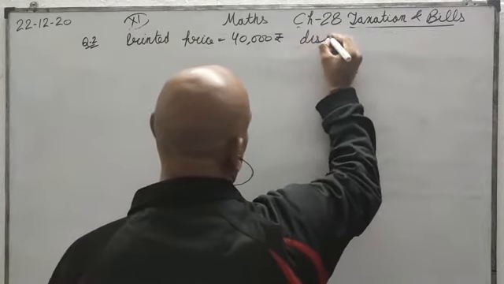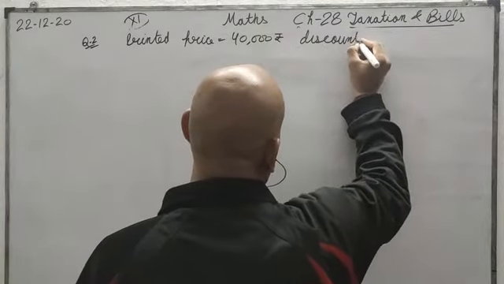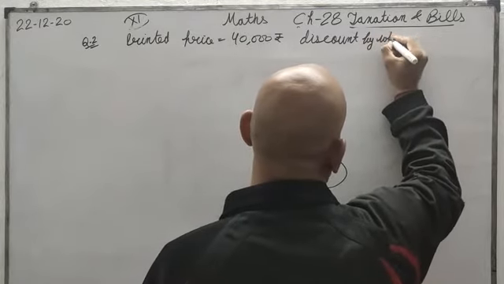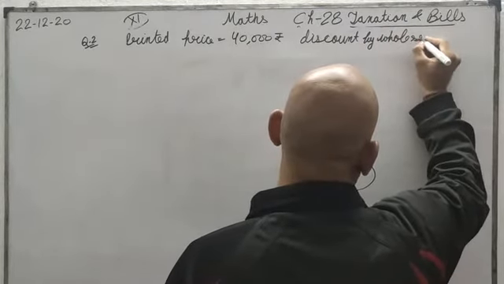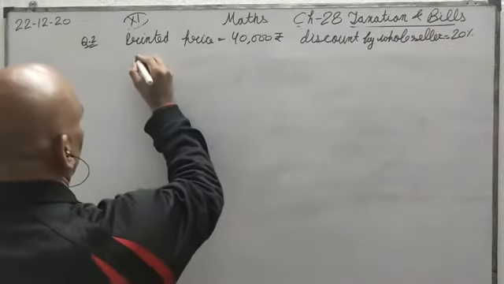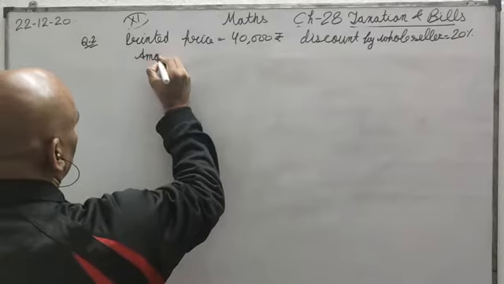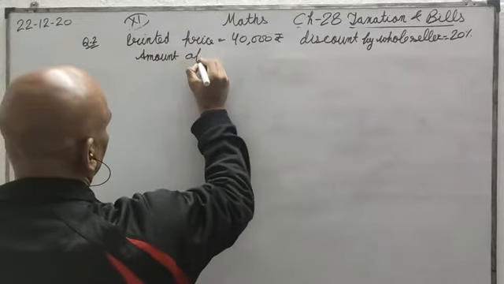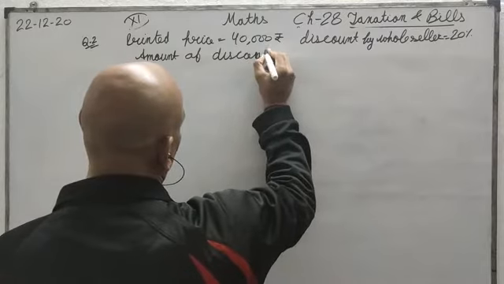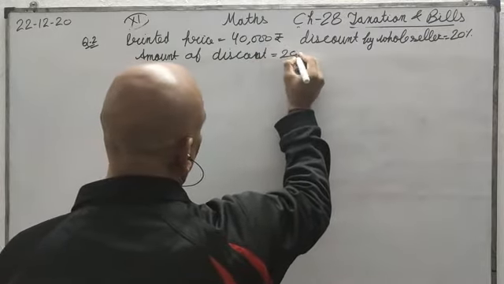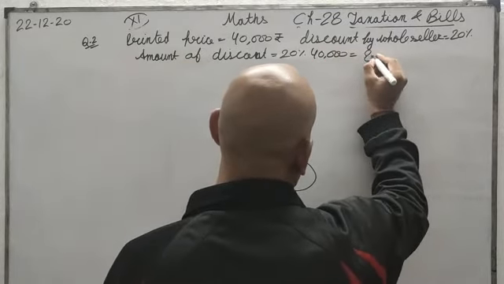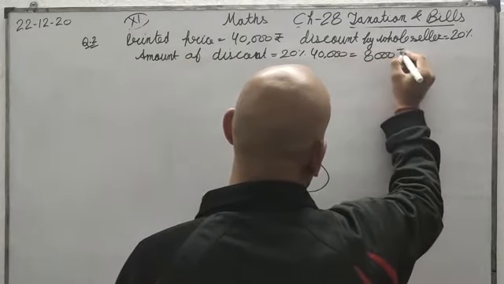Discount by wholesaler is 20%. So amount of discount is 20% of 40,000, that is 8,000 rupees.